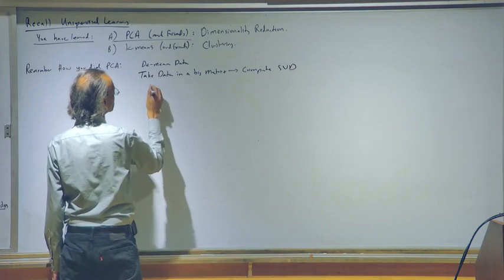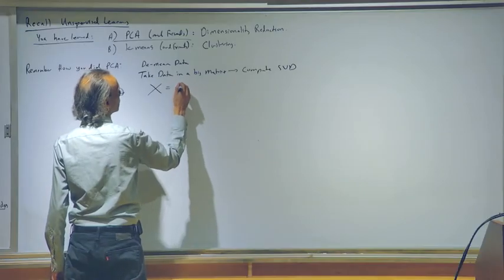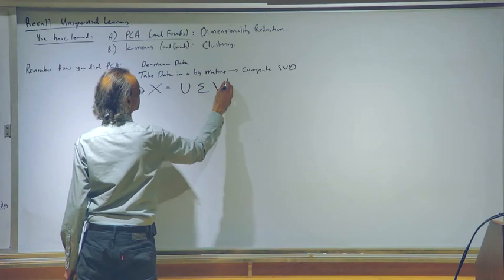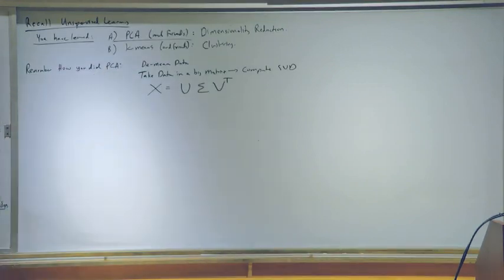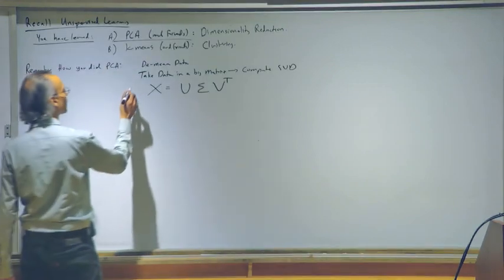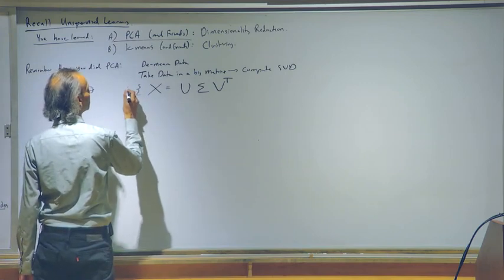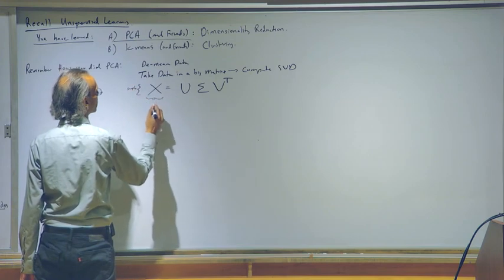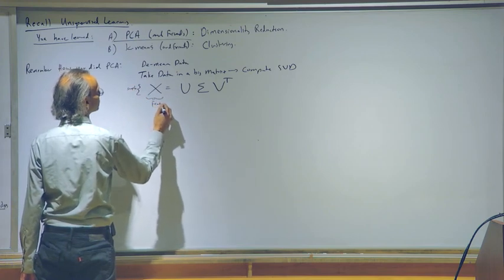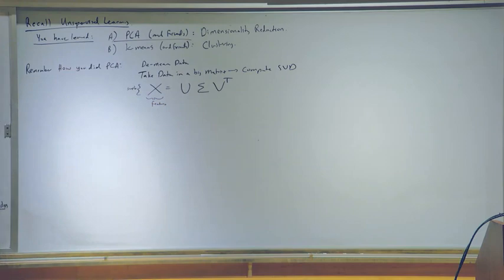You said, here's my data matrix X, U sigma V transpose. Suppose your data matrix was arranged so that you had samples this way and features this way, like the way you set up for regression problems. You usually have your features on columns, and each row is a different data point.